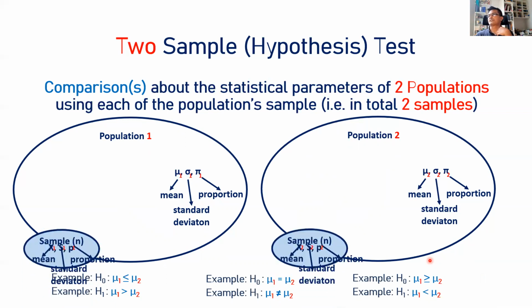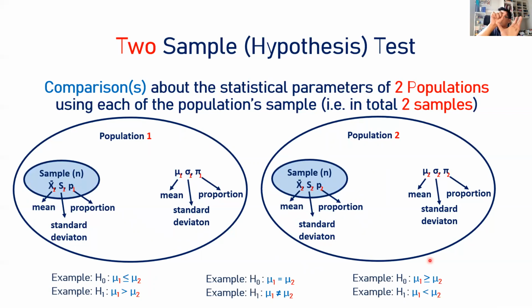How to test whether the claimed hypothesis is right or wrong follows the same procedure. We take respondents or data points from each of the populations, for example Bandung and Jakarta. Using the sample data points of Bandung, we calculate the statistics, and using the data points of respondents of Jakarta, we calculate the sample statistics of Jakarta.